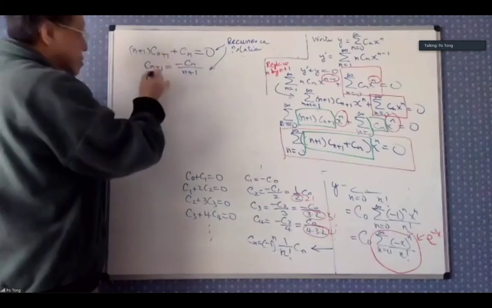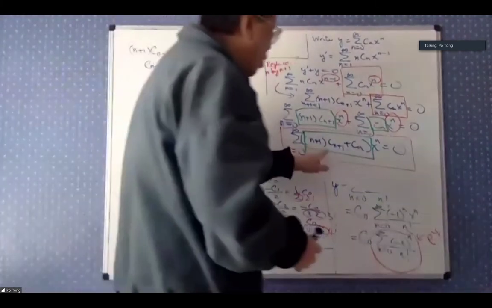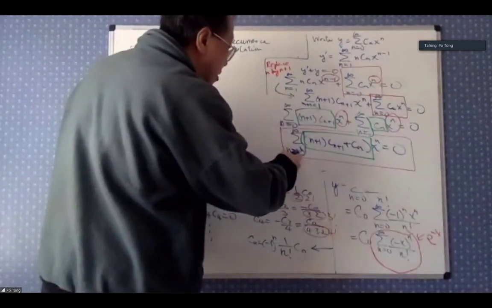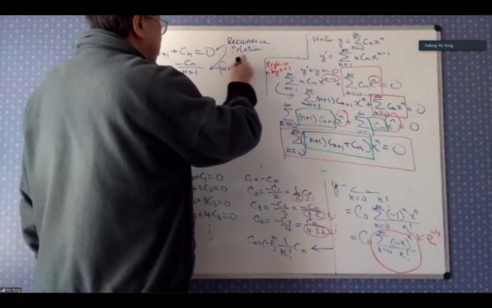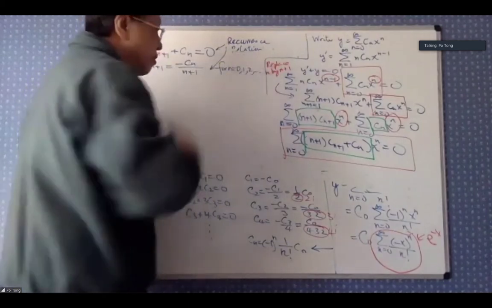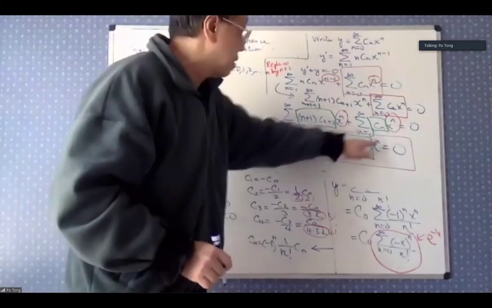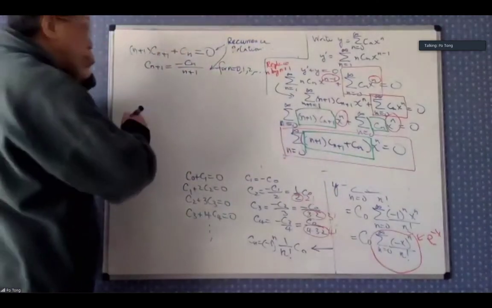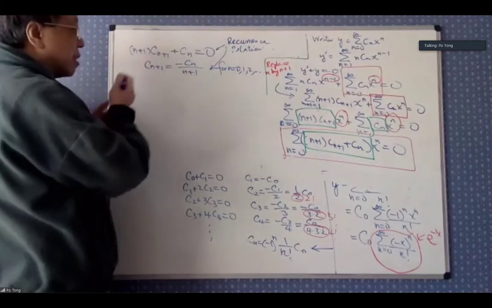When n is equal to 0, this is for all the coefficients, for n equal to 0, 1, 2, all the way to infinity, because this polynomial, x to the power n, starts from 0 to infinity. So now I have this recurrence relation.